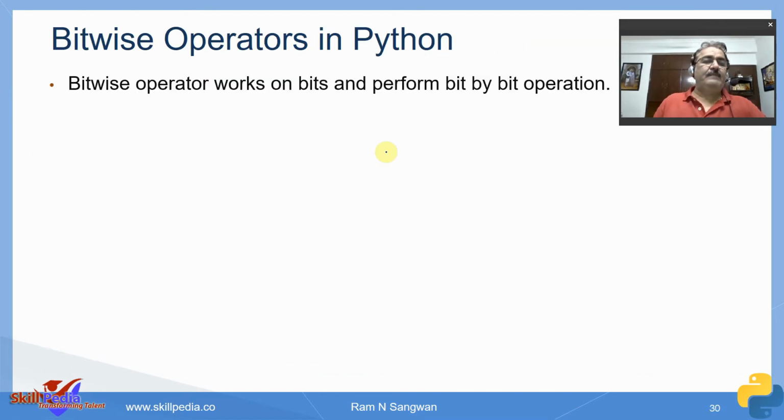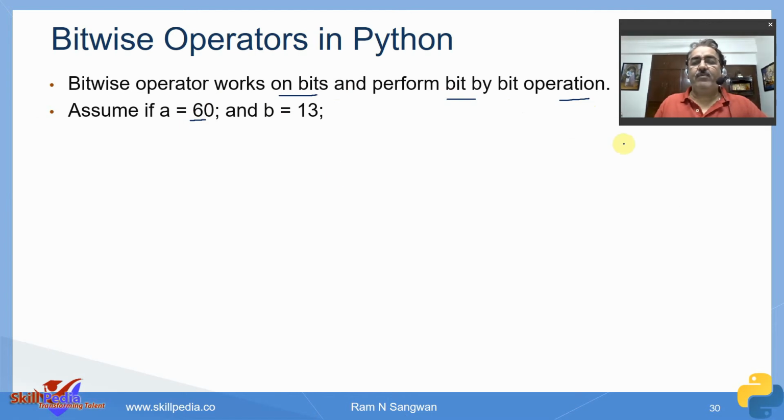Bitwise operators. Bitwise operator works on bits and performs bit by bit operation. Assume that A is 60. Let's convert A, 60, into bits first. And the formula is quite simple.